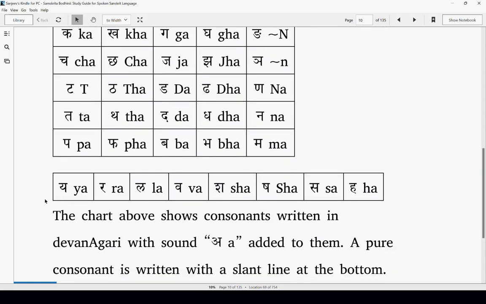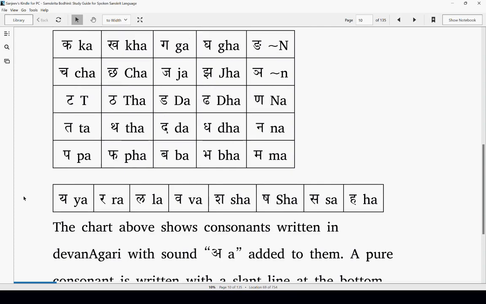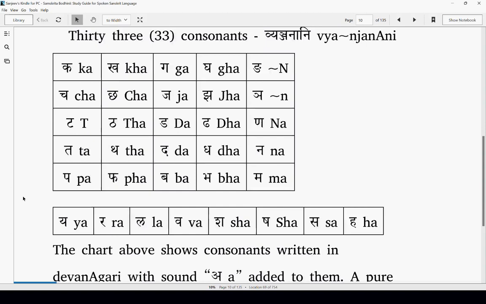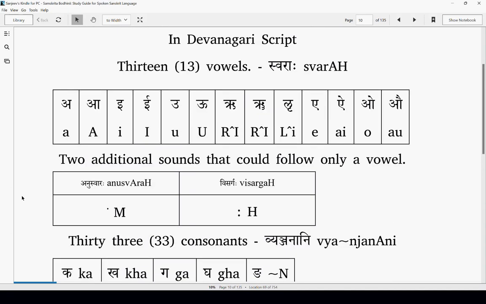Now, what about here? Kantha and Talu. Talu. So, now see, in the swara, what is the Talu?